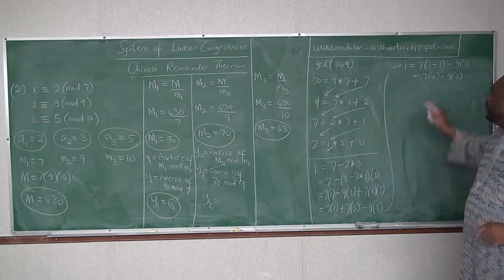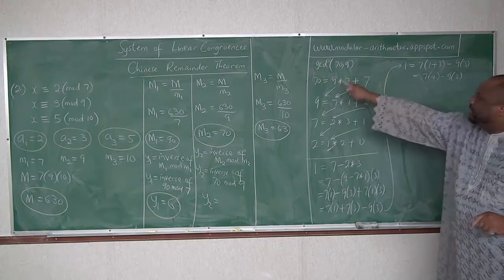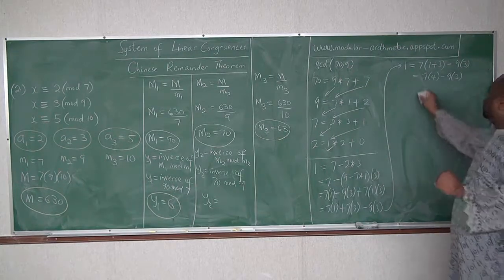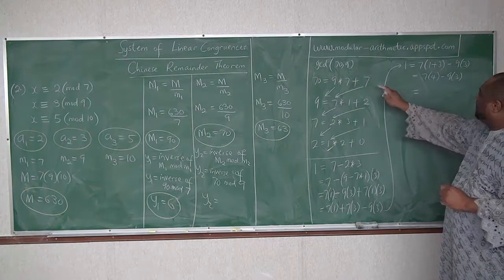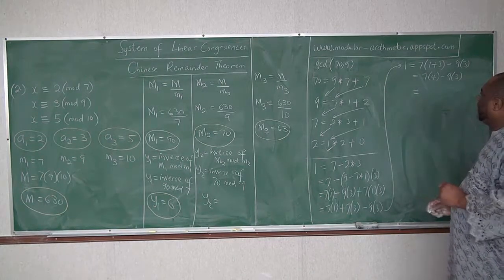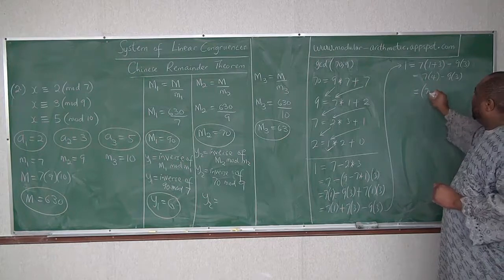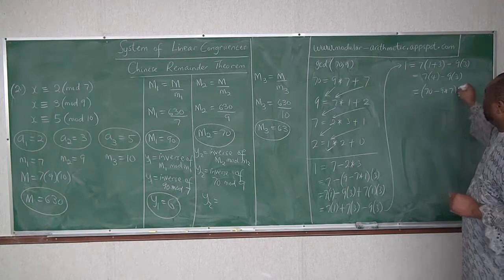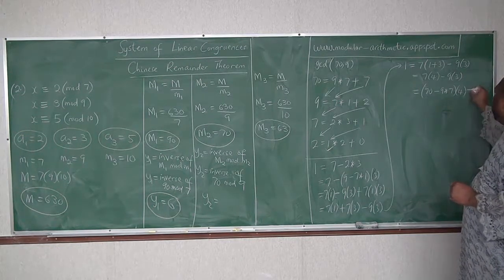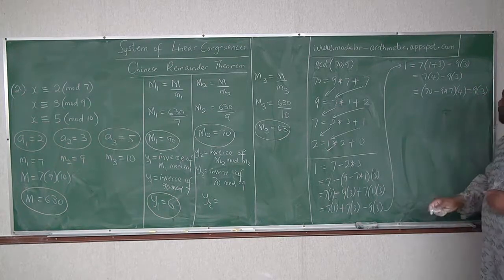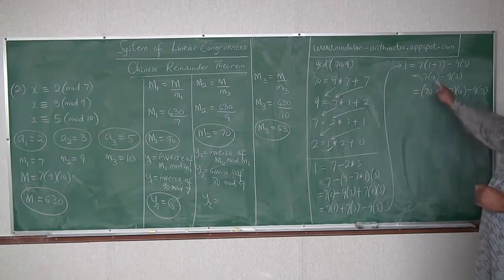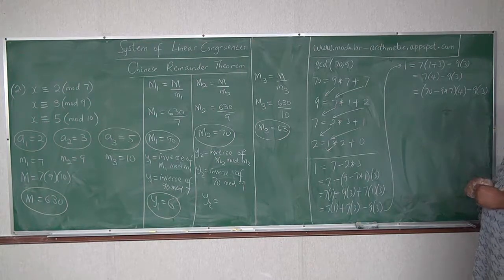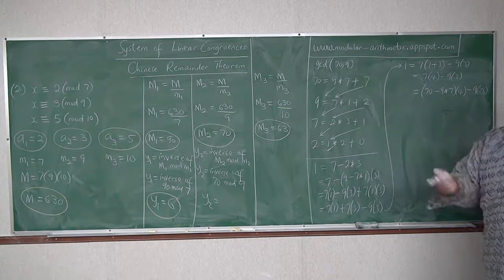But we are not done, because we need 70 and 9. Now we have to use this 7. This 7 is 70 minus 9 times 7, times 4, minus 9 times 3. We covered this already, modular inverse.